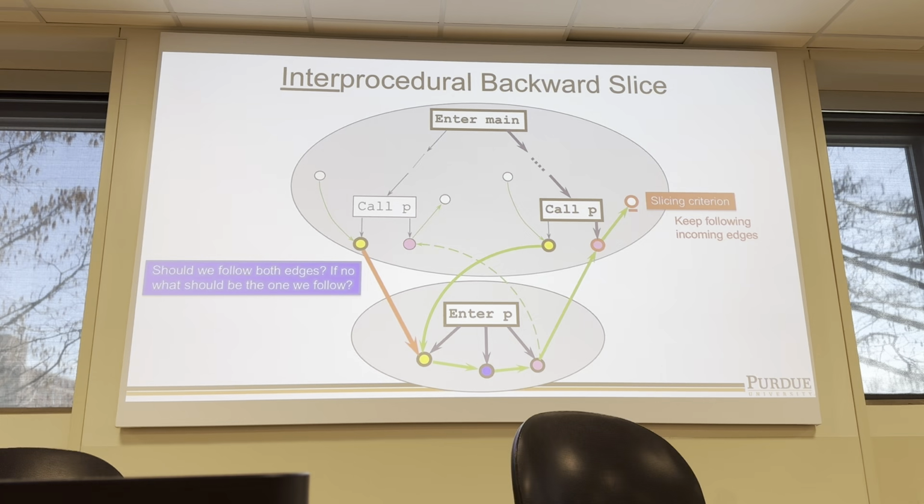You already know if your criterion is the pre-state of I, what if the sum's initialization code and the sum's update have nothing to do with the program value of I at the program point of interest, the pre-state of I, right? We already talked about that. But depending upon how you deal with these two paths, which one you follow, you might or might not include that irrelevant code in the resulting slice.